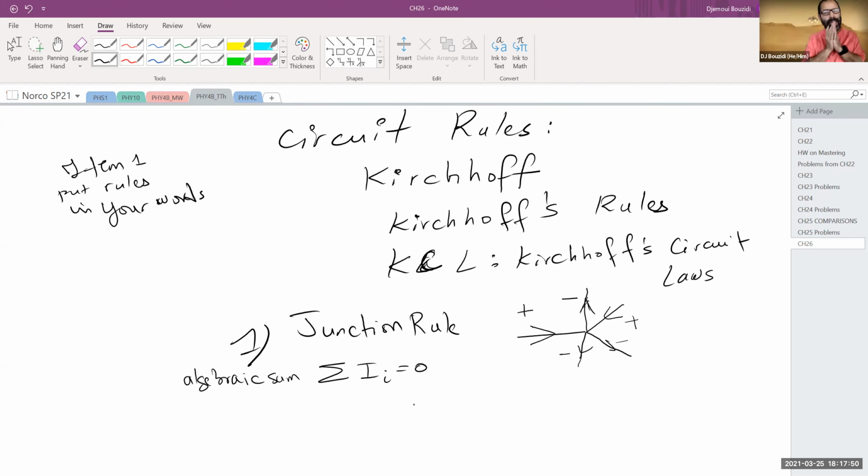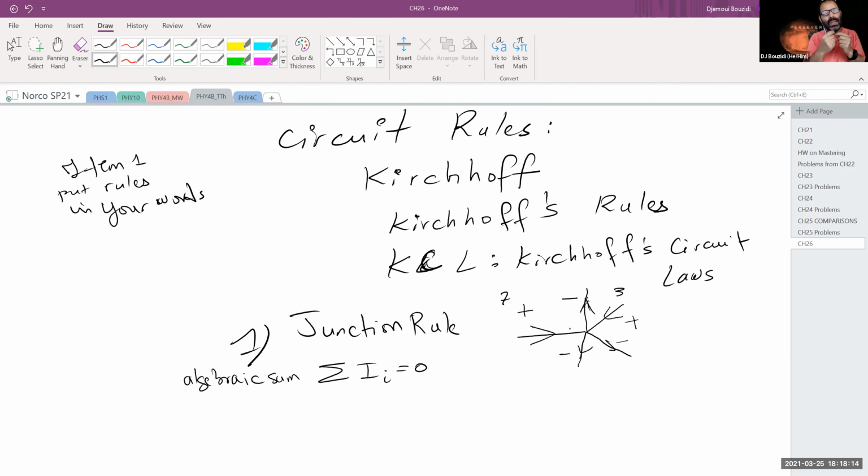Why? Let's say, for example, 10 coulombs came in, which is, for example, this brought 7 coulombs with it and this brought 3 coulombs, for a total of 10 coulombs that came into that junction. So 10 coulombs also must leave in the same time. There is no time for charges to hang around anywhere.